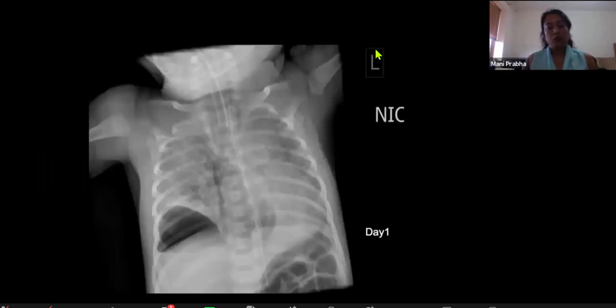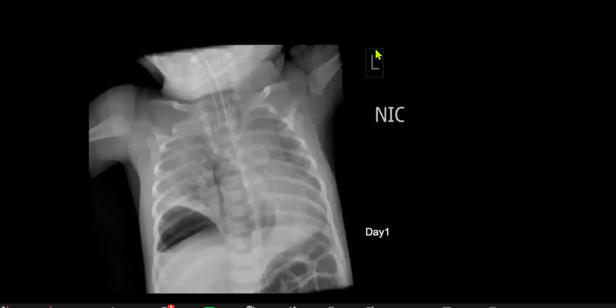So you would like to describe this also? Yeah. So, frontal radiograph of a child, the ET tube is in satisfactory position, as is the nasogastric tube.